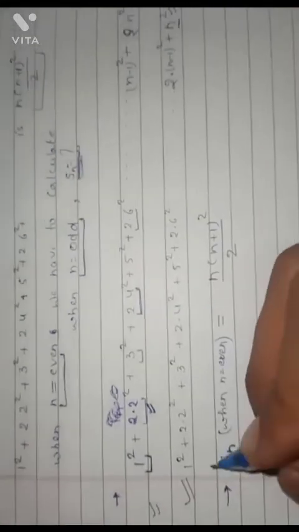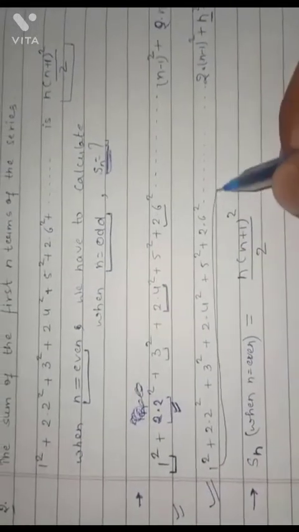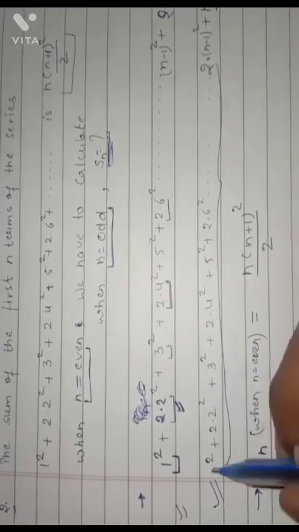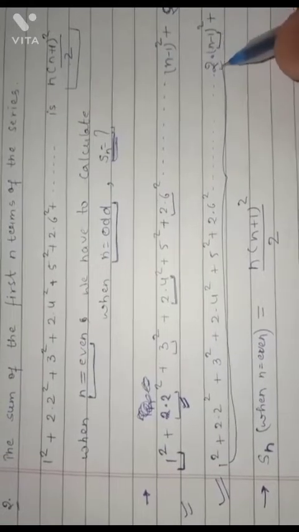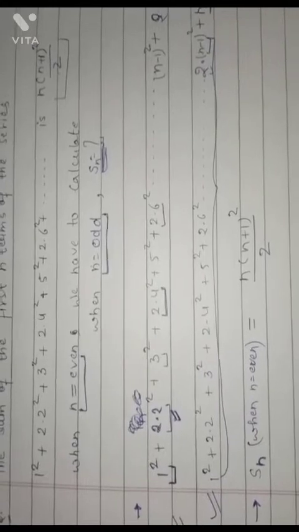So in this question, this is the (n minus 1)th term, and this whole expression is the even term. So the sum of n minus 1 terms, where n minus 1 is even, is equal to (n minus 1) into (n minus 1 plus 1) whole square divided by 2.